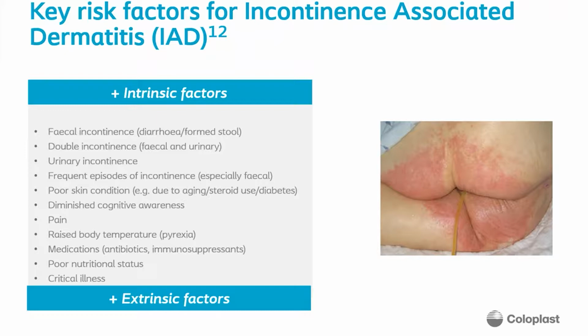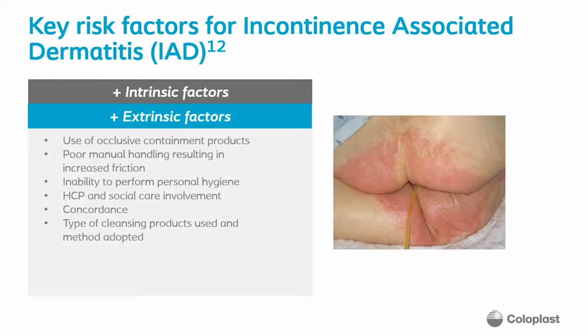And that's then having an impact on the overall skin condition and the poor skin condition, where actually we start to lose the pH balance and it starts to really affect that and cause this excoriation. We need to be taking into account somebody's nutritional status, and if they are on any medications or immunosuppressants that might be causing any increased risk, for example, or if somebody's critically ill and are potentially going to be laying in a bed, do we need to manage that incontinence in another way?